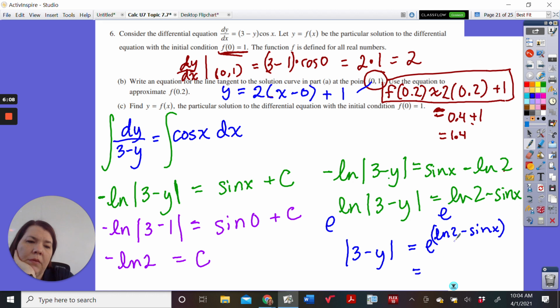And so this becomes, e to the ln2 is just 2, but it's minus, so minus means divide. Okay, so let's double check my brain. e to the negative sine x.